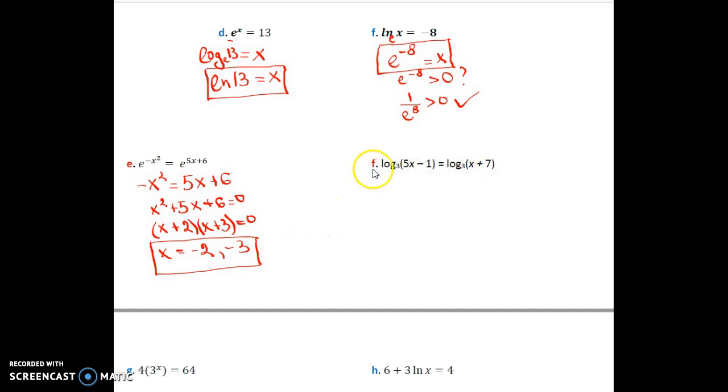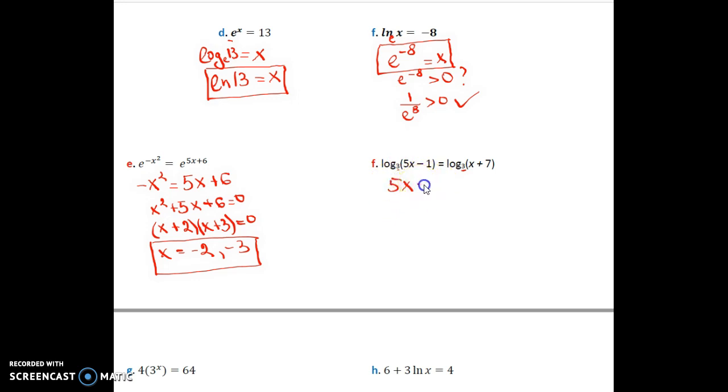Let's look at part F. We have the log base 3 of 5x minus 1 is equal to the log base 3 of x plus 7. Once again, I am easily seeing these same bases. Whenever you have the same bases, you are allowed to just set the arguments equal to one another.